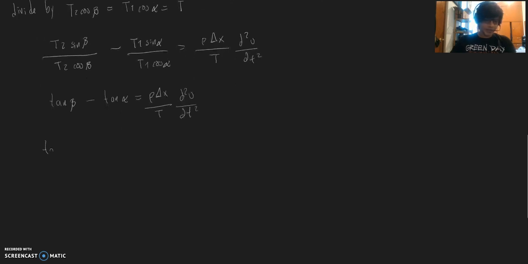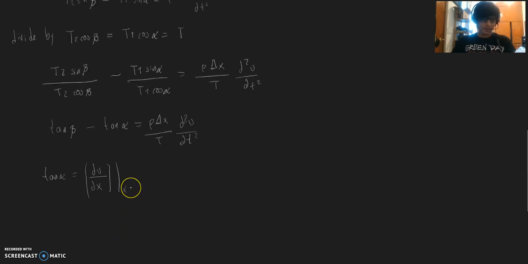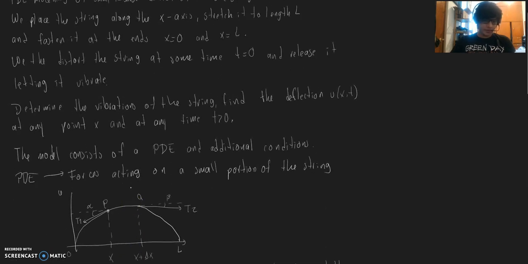However, we know that the tangent of the angle alpha is equal to the partial derivative of u with respect to x, because that's the definition of the partial derivative at the given point x. That can be seen in the graph, where the tangent of the angle alpha is equal to the derivative of u with respect to x at the given point x.